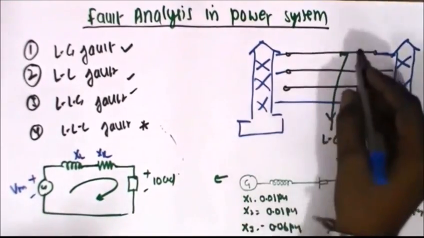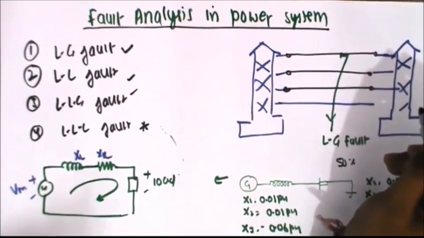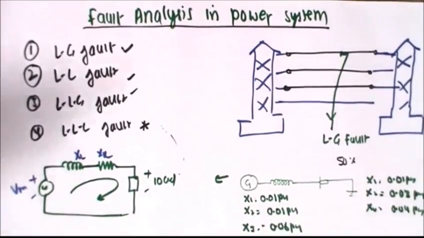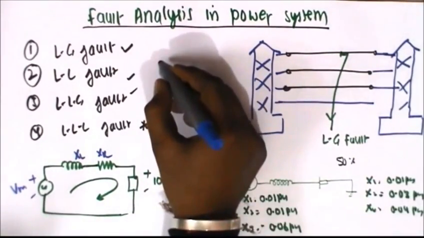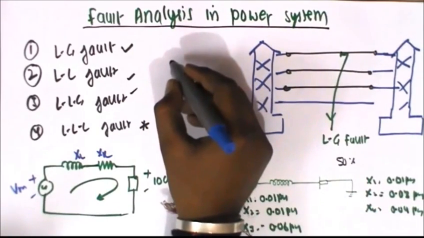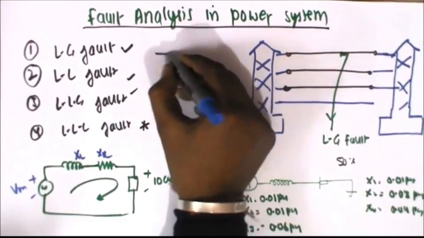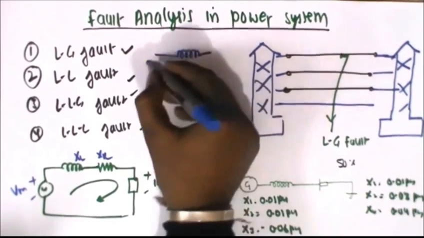For discussing the fault, there are three important objectives that we are going to discuss: the single line diagram, the LG fault, and the double LG fault. If we represent this fault as a single fault, then we can easily observe that it has a path which is like this.